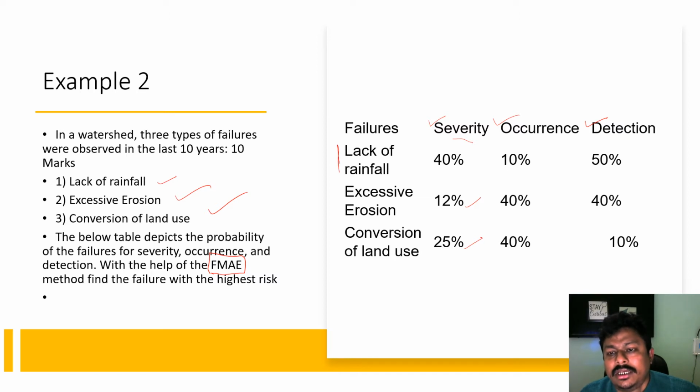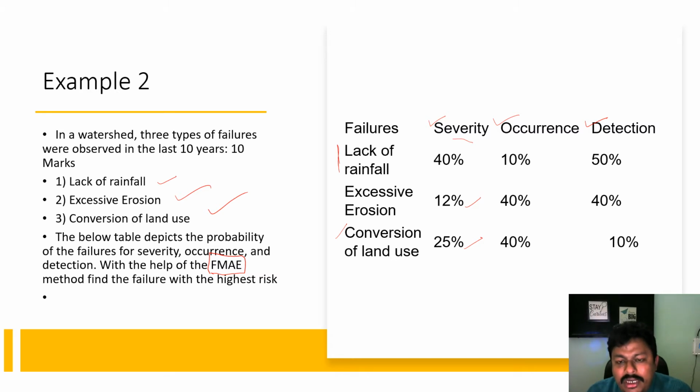Now let us see the occurrence. Now, what is the chance of occurrence of this failure? Which failure has the higher chance of occurrence? That means I am saying that this failure was observed in the last 10 years.